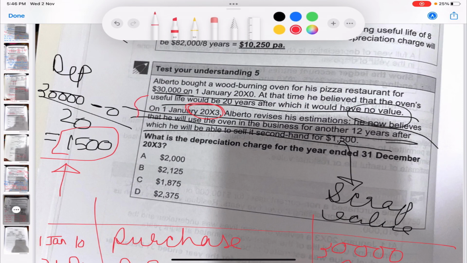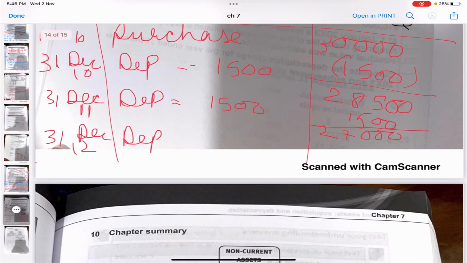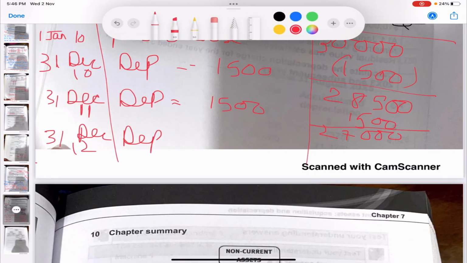She has re-estimated the value from 1st January 2003. So what is the formula again? Cost minus scrap value upon useful life. The scrap value now is 1500, the useful life is 12, and the cost would be 27,000. So what is the new depreciation? 25,000.